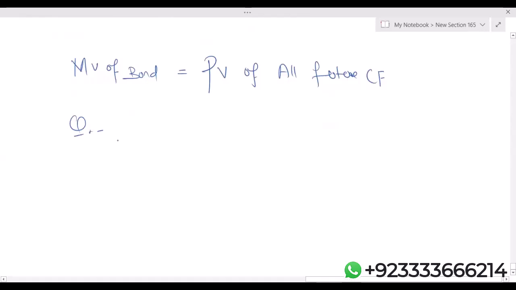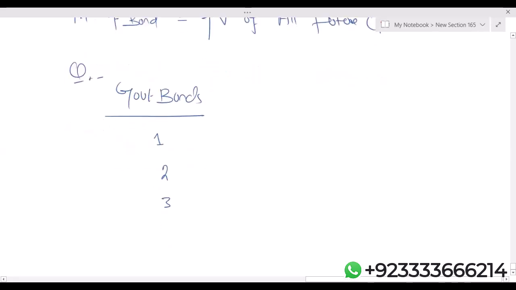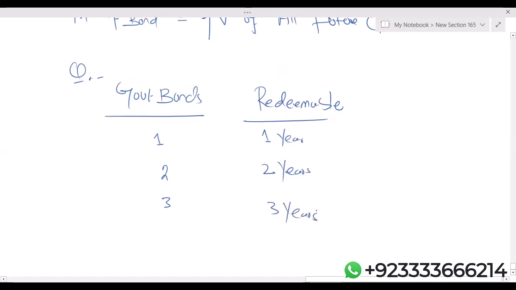Let's say we have government bonds 1, 2, and 3, redeemable in 1 year, the second bond in 2 years, and the third bond in 3 years.